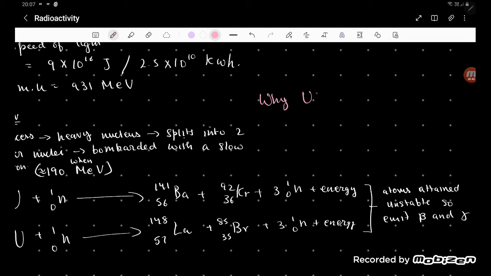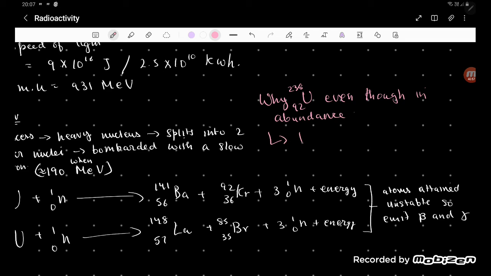Okay, this is one thing. Why is uranium-238 not used, even though it is in abundance?